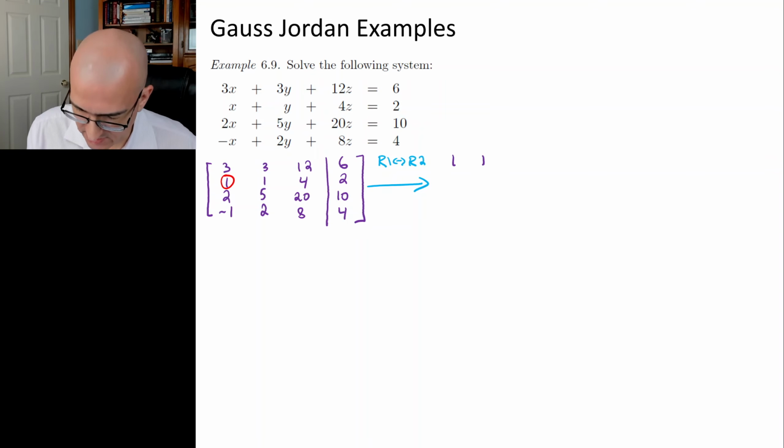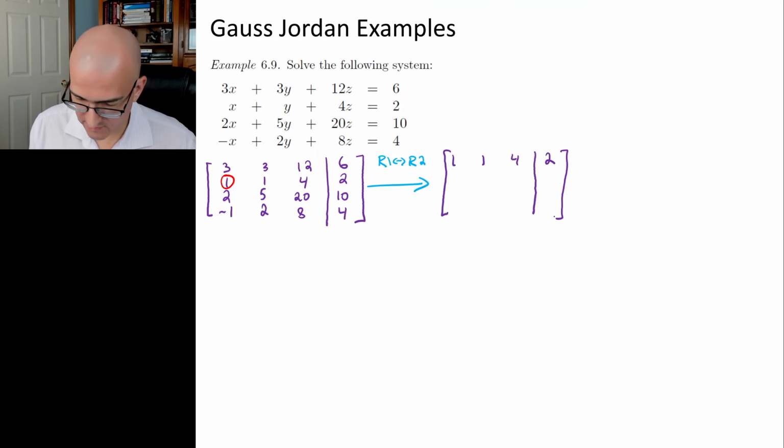I gotta write smaller because this is going to take up a lot of space if I'm not careful. Then 3, 3, 12, 6, 2, 5, 20, 10, negative 1, 2, 8, 4.